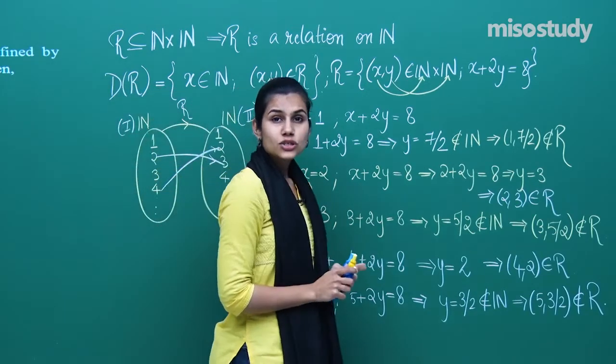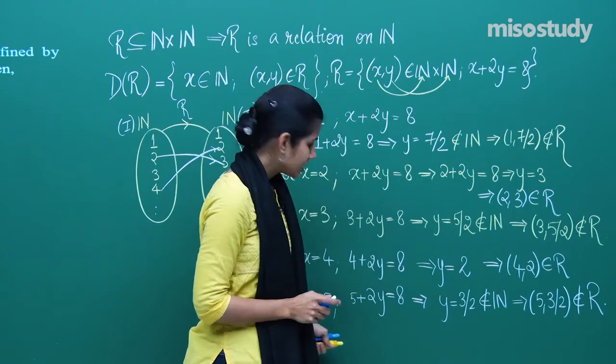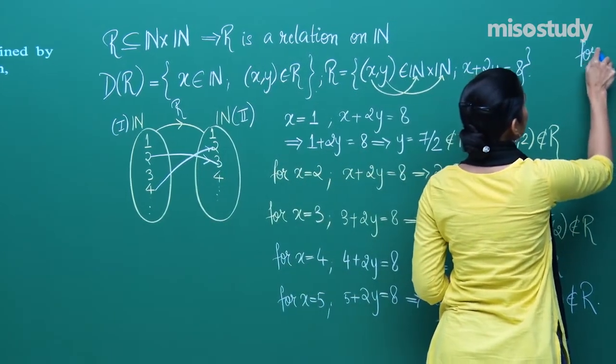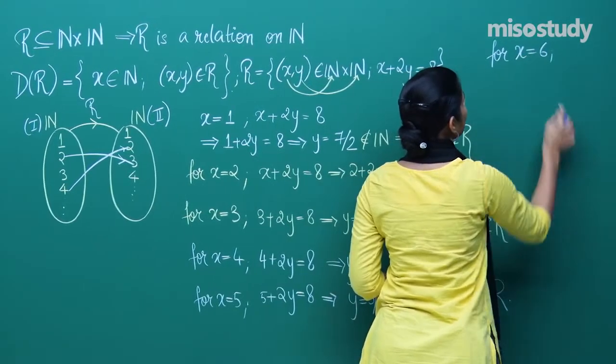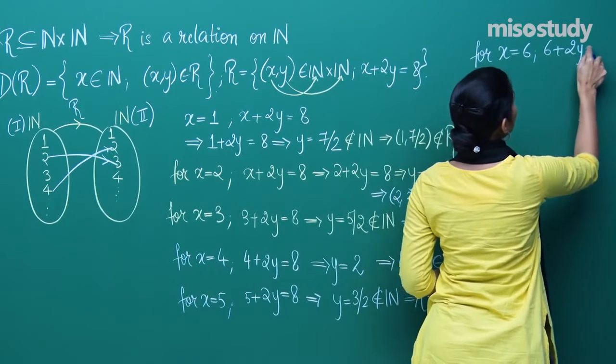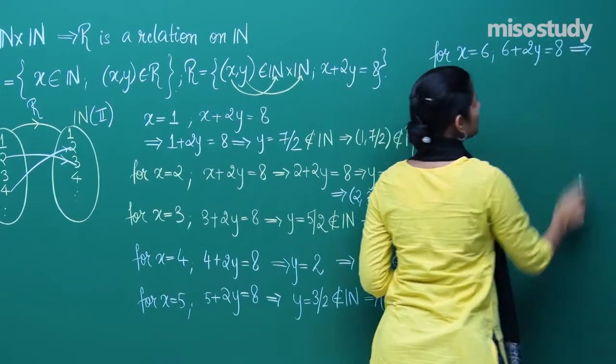Going to the last, or let's see if it is last or not, the member 6. For x equals 6, I want y such that 6 plus 2y equals 8.